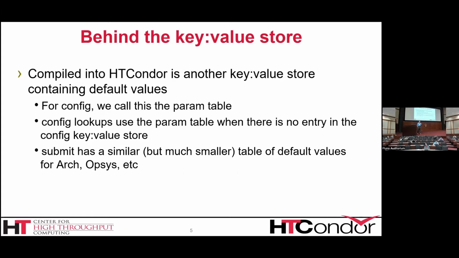It is the defaults for everything in the Condor daemons and condor_status, and it's just lots and lots of stuff. In the submit file, there's a very small default set that is distinct. This is how condor_submit gets access to $(ClusterId) and $(ProcId) and $(ARCH) and $(OPSYS), for instance.